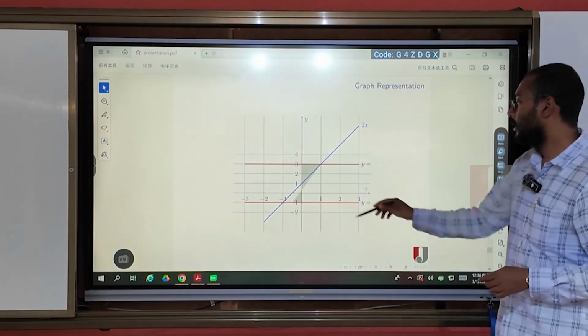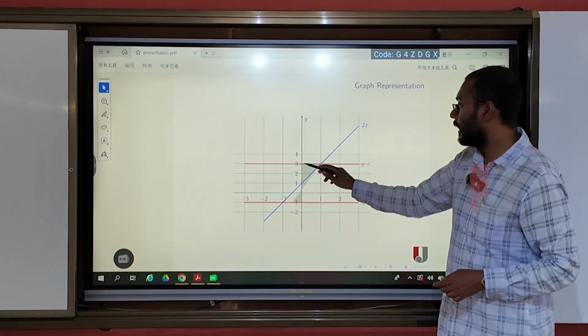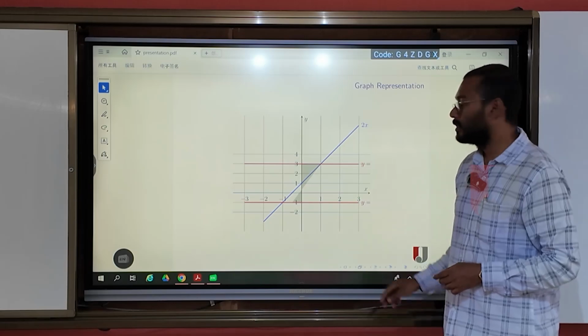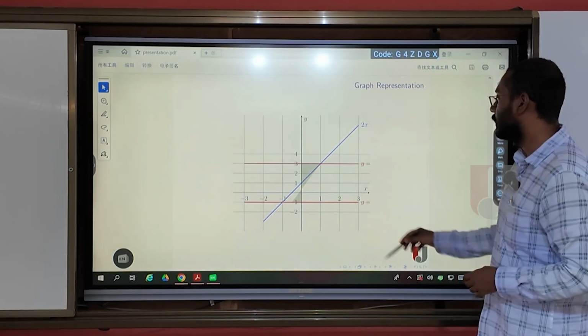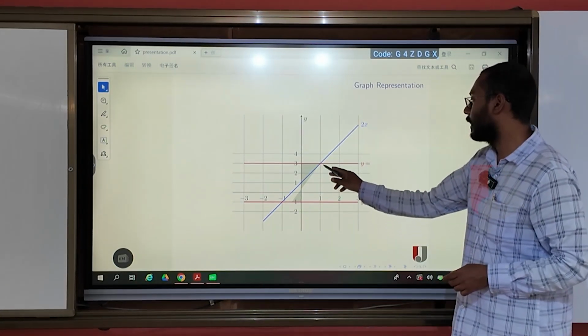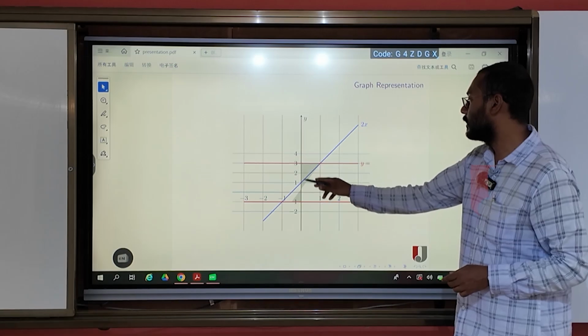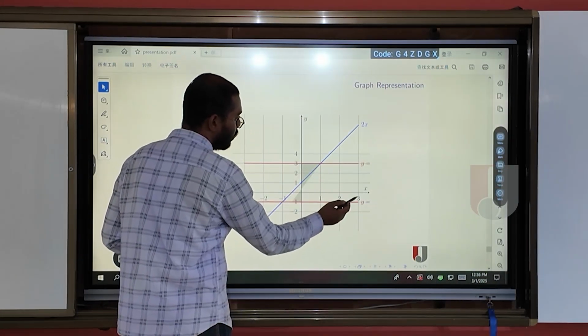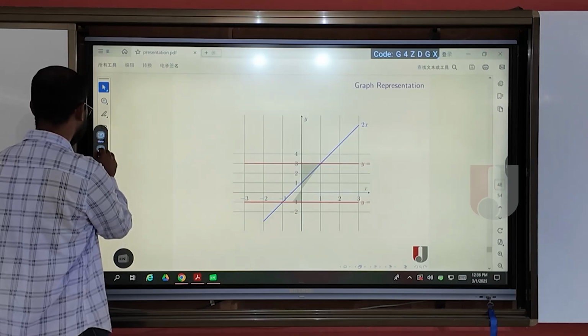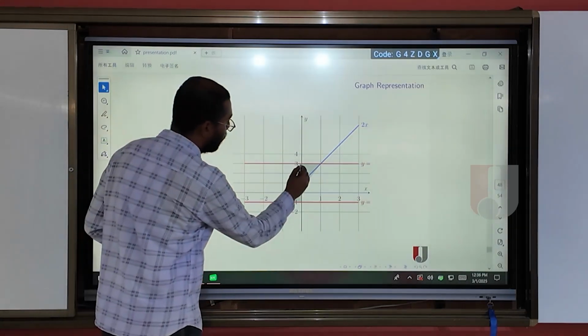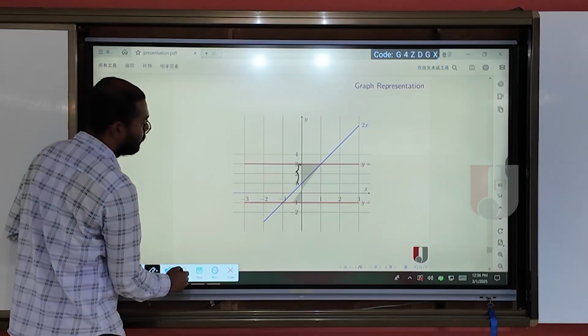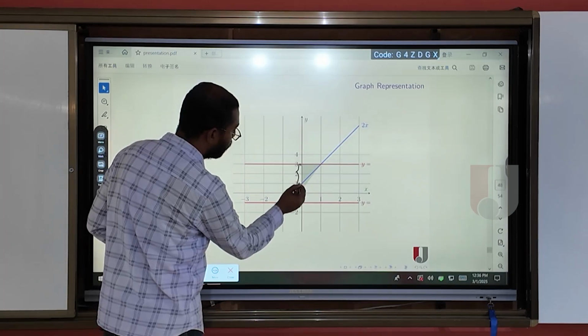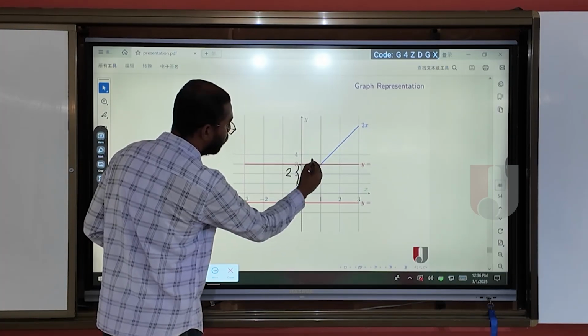Now see, here it is 1 and here it is 3. So the distance is 3 minus 1, that is 2, and here this line is actually 1. Here that line is 0 and that line is 1, so that portion is also 1 length. From 1 to 2 it is 2, and that portion is 1.